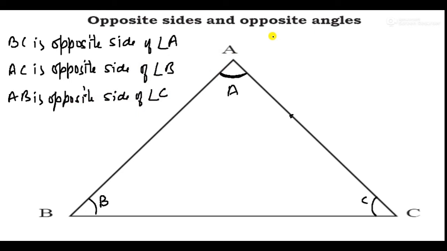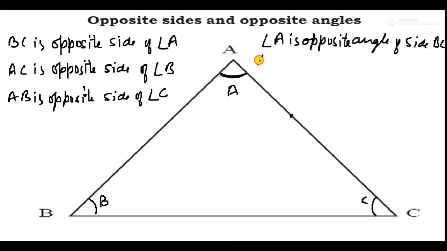Okay, now come to the reverse of this. Angle A is the opposite angle of side BC. So angle B is the opposite angle of which side? Angle B's opposite side is AC, so you can write here AC.